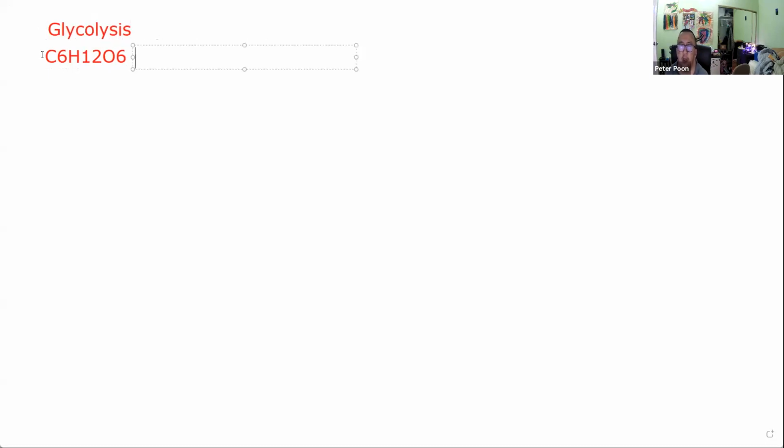To go through glycolysis, I'm going to take sugar and break it down into pyruvate. I will split that sugar in half. Glycolysis: I'm taking a glucose, glyco, and lysing it open, splitting it into two. So I get two pyruvate.